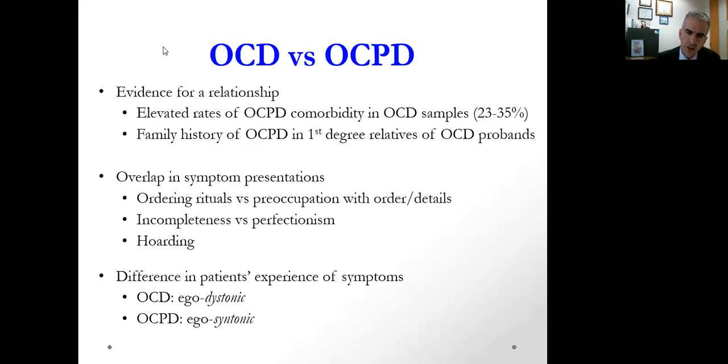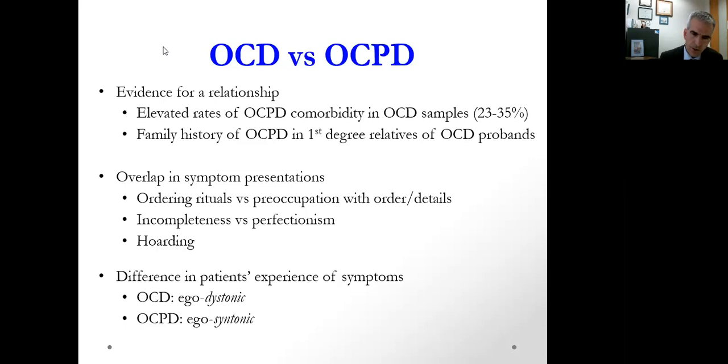Traditionally, the main way that OCD and OCPD were differentiated was in terms of the patient's experience of the symptoms, or in terms of the function of the symptoms. OCD was considered to be an ego-dystonic condition, meaning that the obsessions and compulsions in OCD are seen as foreign or separate from who the person is.